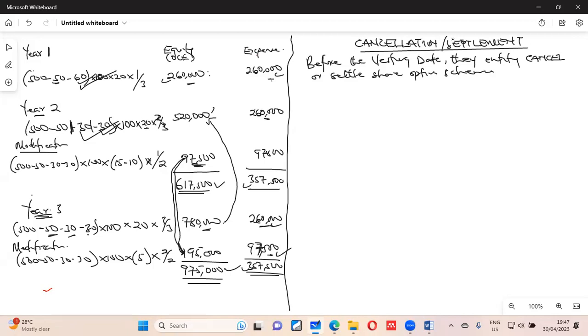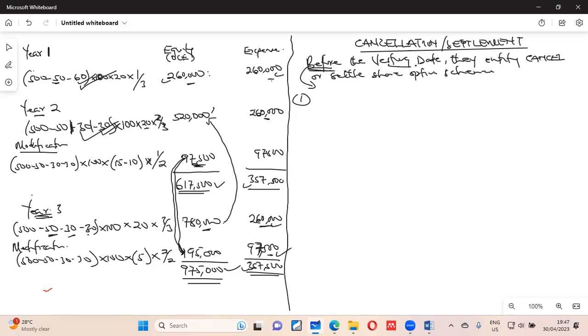Okay, it is at the estimate level they canceled it. It wasn't at the vesting date. So what you do is that, number one, all you have to do is to accelerate the vesting. All right, so if the cancellation happens before, and that is the key, before, or during the vesting period.